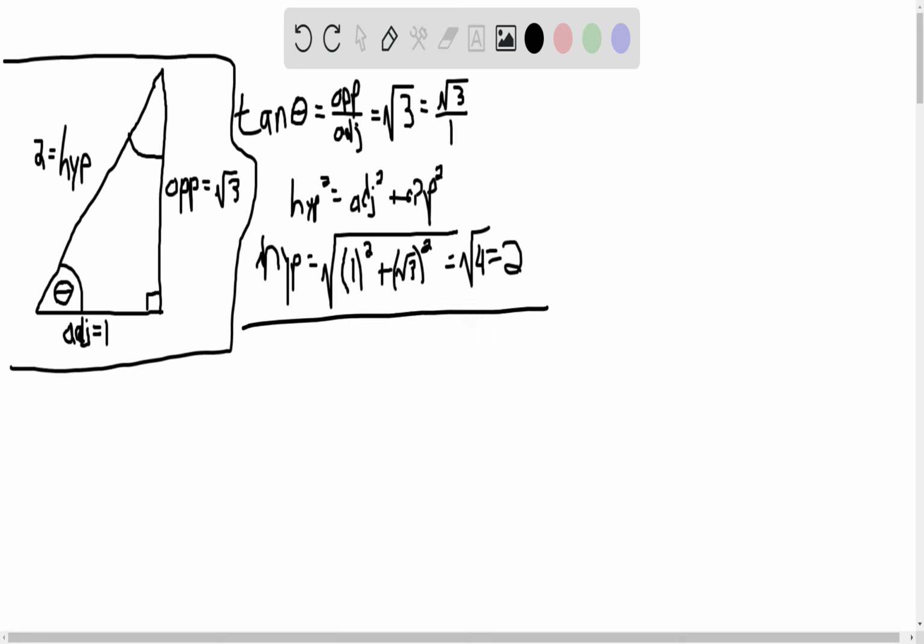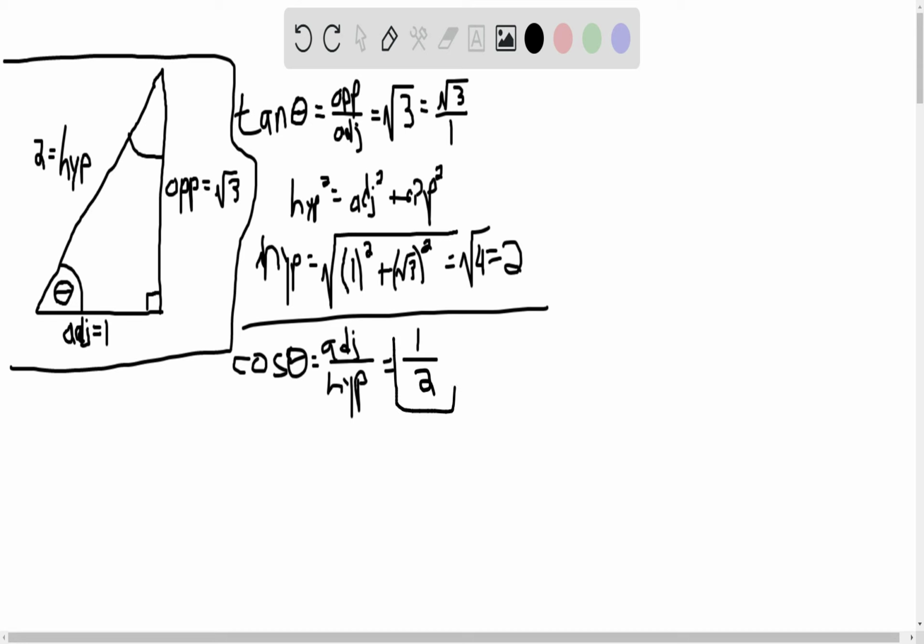That completes our diagram, and it's all the information we need to define the other trigonometric ratios of angle theta in the diagram. And we'll start with cosine theta, which by definition is equal to the adjacent side over the hypotenuse. So all we're going to do is refer to our diagram and pull out the numbers.